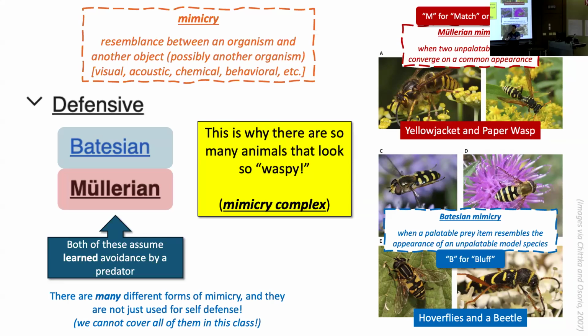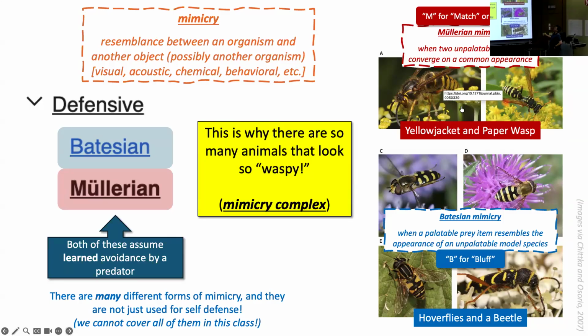Because of that, it's beneficial for all of the wasps to share the same signals, the same cues, because that way you all get to pay the sampling costs. If this wasp had yellow and black stripes and this other wasp had blue and red polka dots, the predator would have to eat 4 or 5 of these to learn the black and yellow stripes, and then 4 or 5 of these to learn the red and blue polka dots.